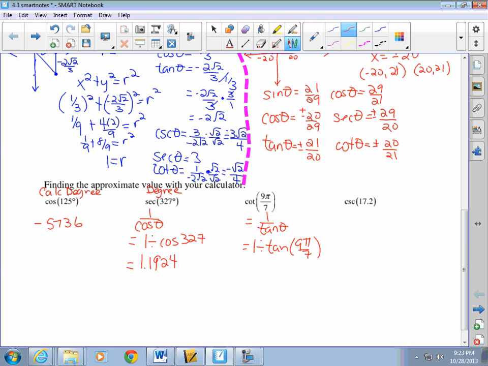It's the second function of the button right under clear, that little caret. And you should get 0.7977, and if you round it, it'll be a 5. 0.7975.